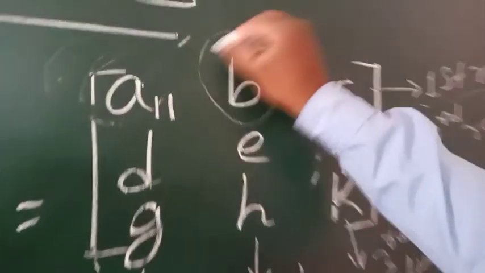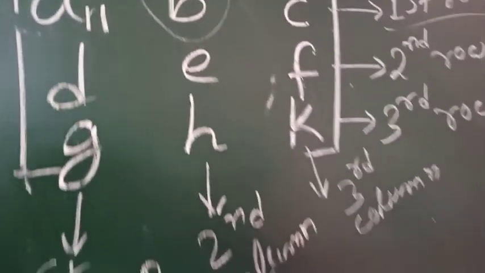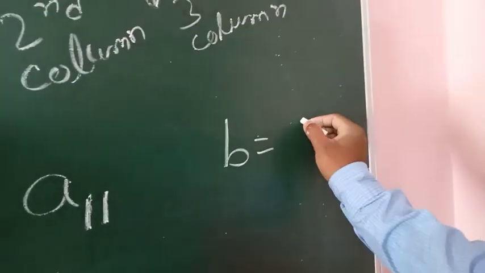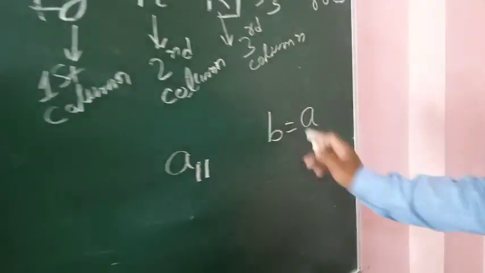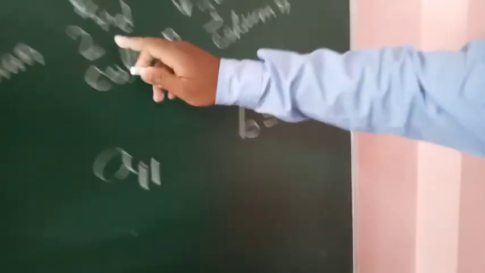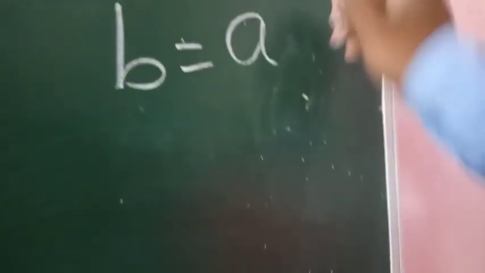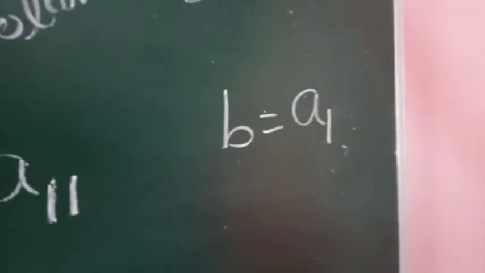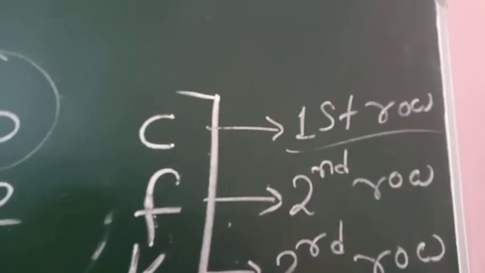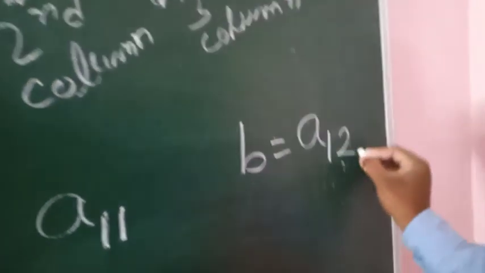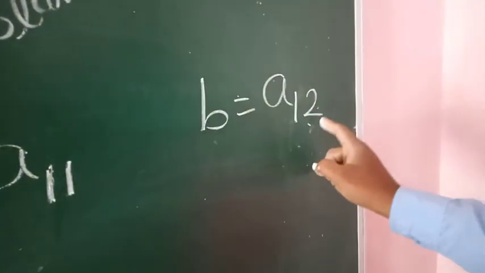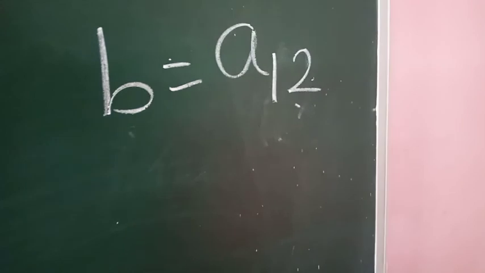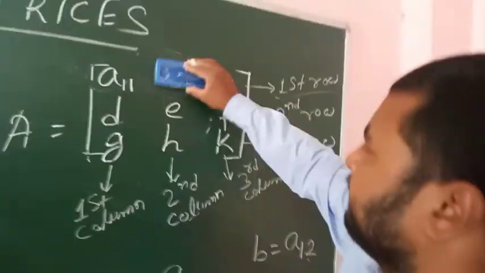Now for element B: B is in the first row and second column. For the first row we write 1 and for the second column we write 2. So instead of B we can write A12.